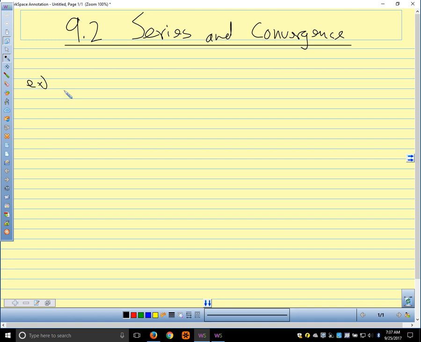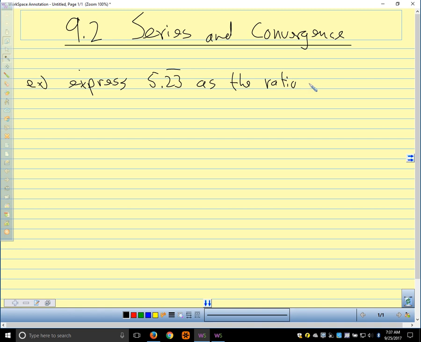We've been told that repeating decimals are rational numbers, and rational numbers can be written as a ratio of integers. So we want to express 5.23 repeating as the ratio of integers.